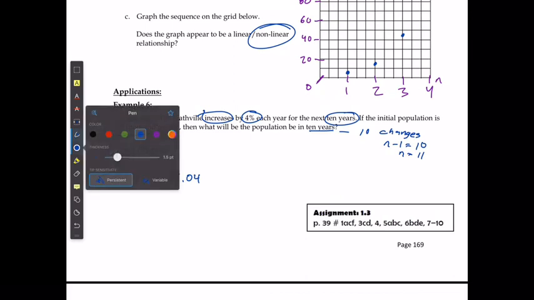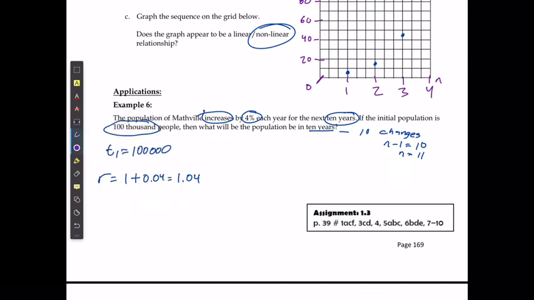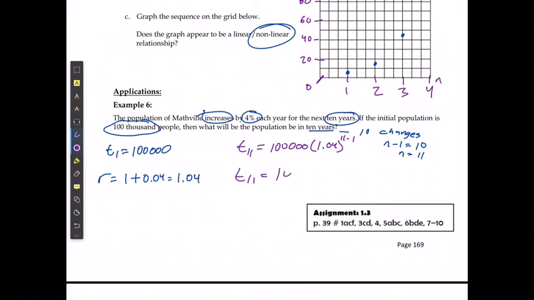So, I'm going to put in my information. In 10 years is going to be term 11. It's going to be 100,000 times 1.04 to the power of 11 minus 1, or 10 changes. Term 11 is going to equal 148,024.